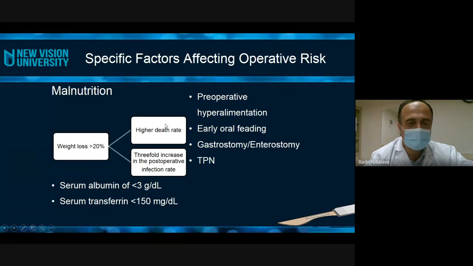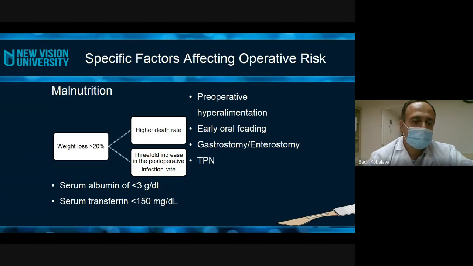Such deficit increases the mortality after surgery, also increases the postoperative infectious complication rate because malnutrition patients have decreased ability to produce immune antibodies, and their general immunity is quite depressed.